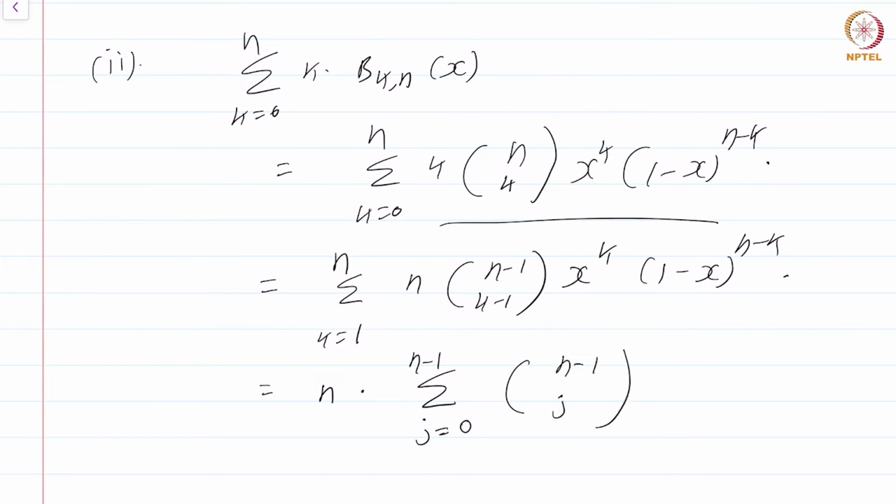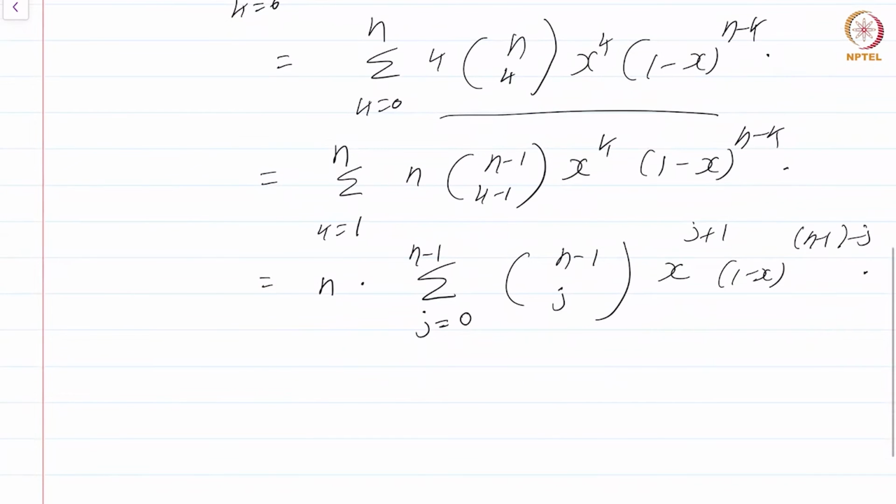All I have done is set k minus 1 to be j, so x^(j plus 1) (1 minus x)^(n minus 1 minus j). So all I have done is set k to be equal to j plus 1. This is just standard manipulation that you are no doubt familiar with from high school.